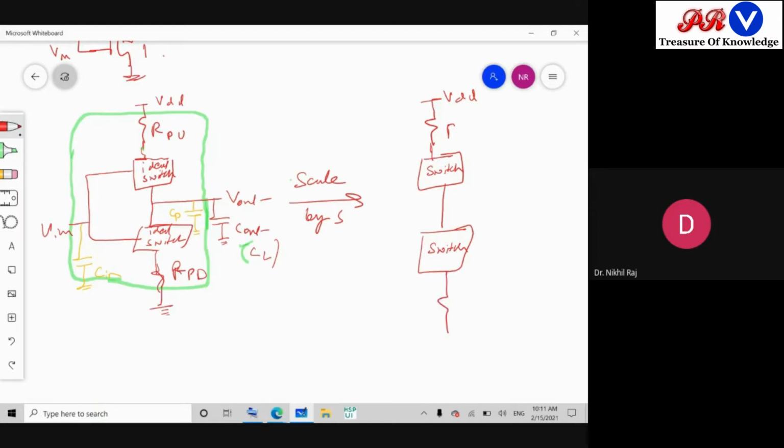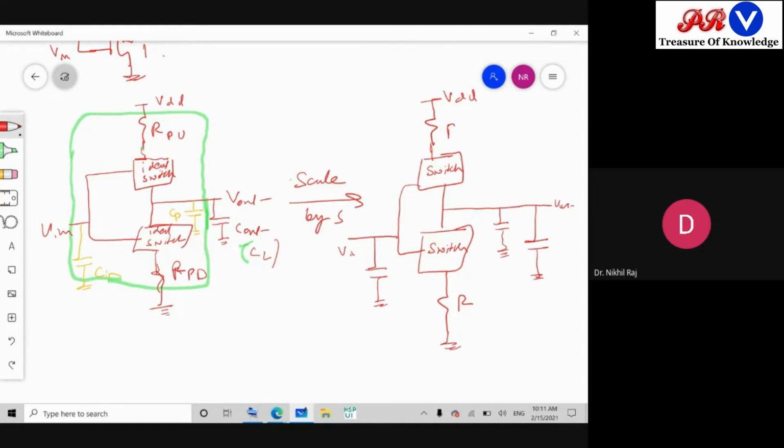Here the pull down network will be there, and here the input capacitance, and here V out, and here the output capacitance, and one here parasitic capacitance. So what should be the value with respect to S?